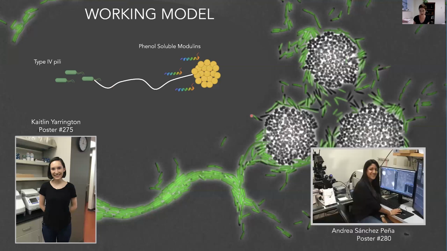And Andrea is interested in the consequences of this behavior on Staph aureus. We see that, again, Pseudomonas moves back and forth on the staph surface, so she's interested in how Pseudomonas is performing those reversals and what this means for staph and staph's physiology.